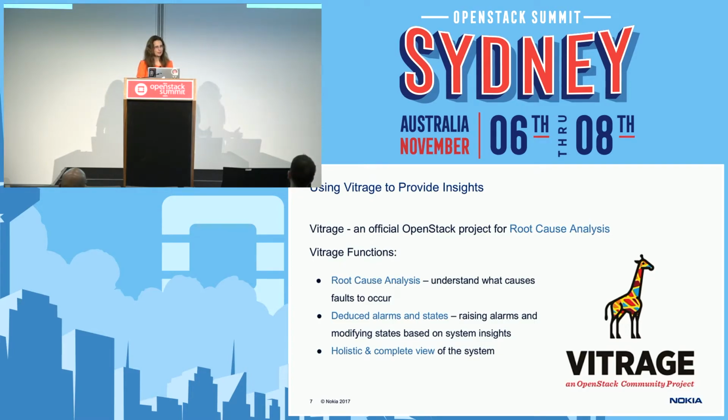In case of a severe failure in the system, there could be a lot of alarms, and Vitrage will help the cloud administrator understand what exactly happened and what the root cause is. On the other hand, there are cases where not all resources are properly monitored. In this case, Vitrage will raise additional alarms and update the states of the resources in order to give a complete and correct view of the system.